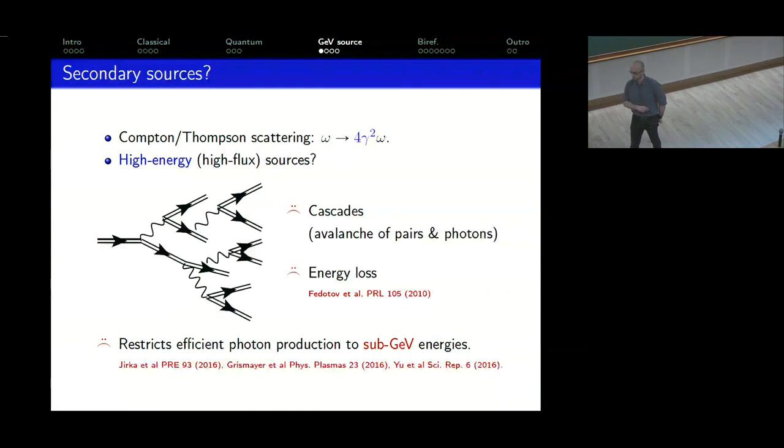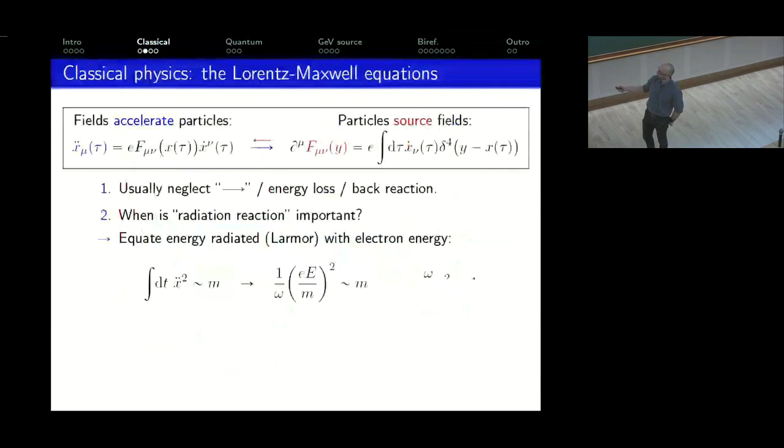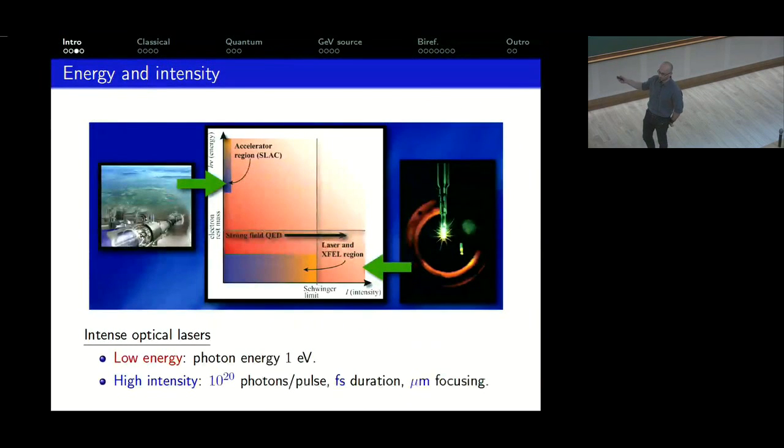Are there any plans to generate harmonics of these high intensity frequencies and then get closer to h bar omega of order m c squared? The honest answer is I don't know. I'm too far from experiment to be able to answer that question. In terms of this diagram at the beginning, the way I think about accessing this corner is by starting with very high energy particles in a very intense field.